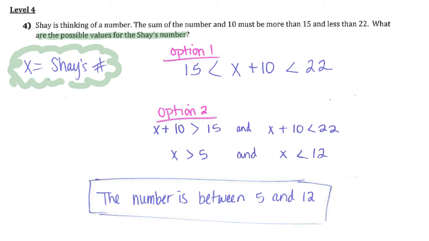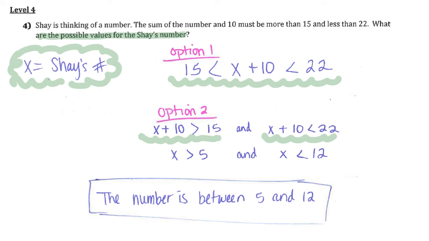So notice I have an option 1 and an option 2 on the screen. So you could write your inequality combined. Okay, it is an and problem, so you could write it combined together, or you could write it as option 2 has it, two separate inequalities with that word and in the middle.